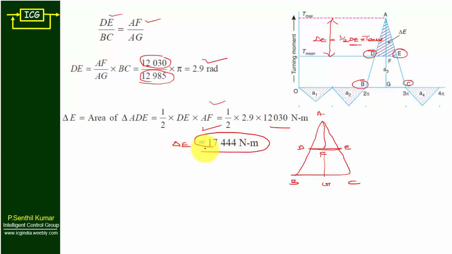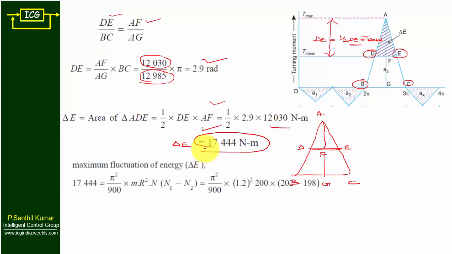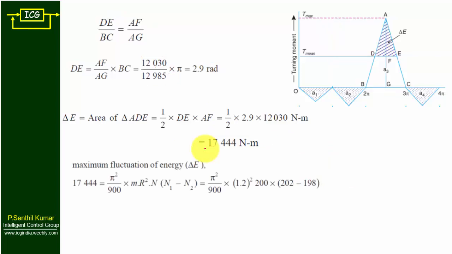But what we need to find out is mass. So there is a formula. Let me erase all the other parameters in the slide. Del E equal to pi squared divided by 900 into m r squared n into n1 minus n2.